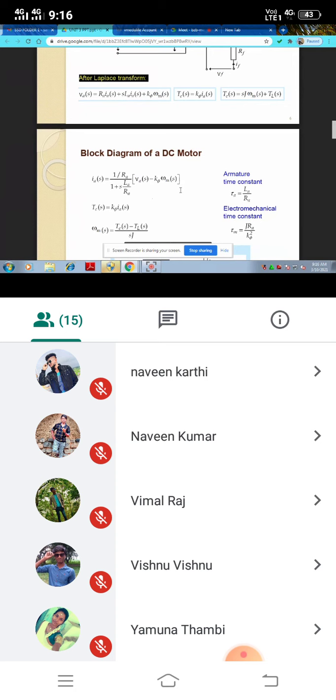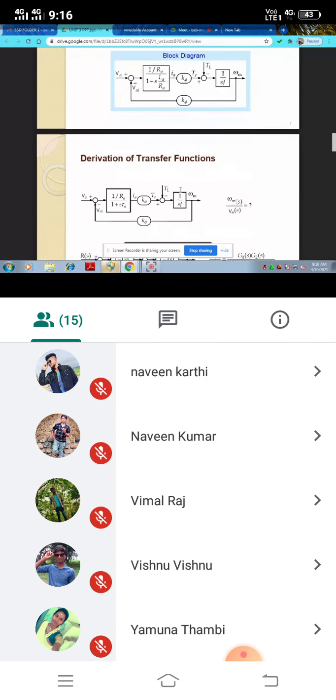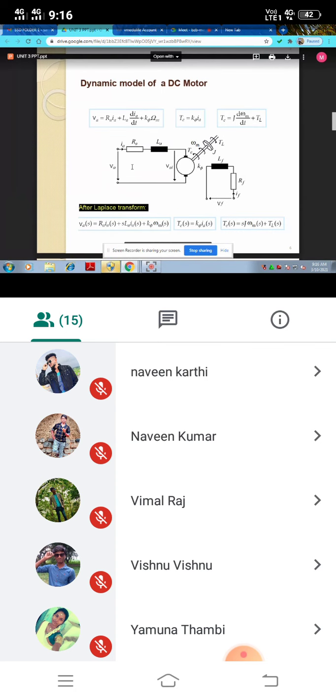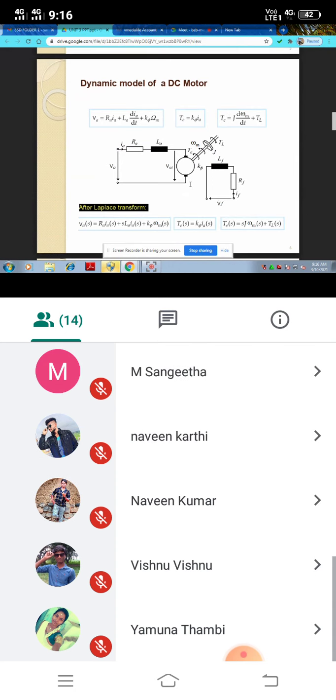We just move to another topic, the derivation of the transfer function. We solved three equations from this motor and load dynamics. In this motor we get three kinds of equations, which are right up here. We bring down those equations and convert them to Laplace transform.